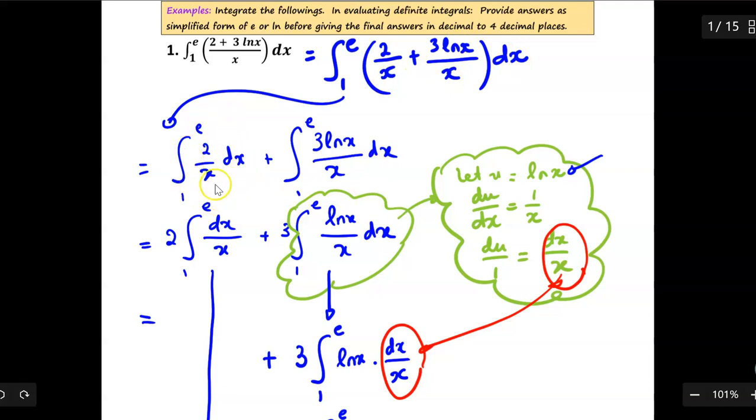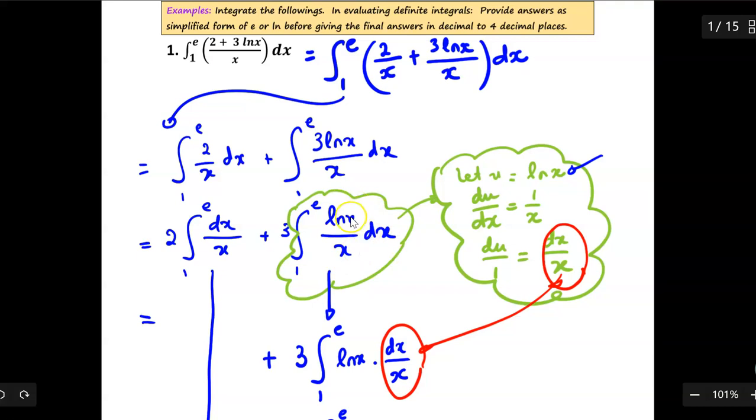Then I can apply the formulas for this right away. So I know that this will become 2 times ln of x. But for this part here, I cannot apply the formula of the transcendental function integral of ln x because I have an x as a denominator. So I have no choice but to use the substitution method.